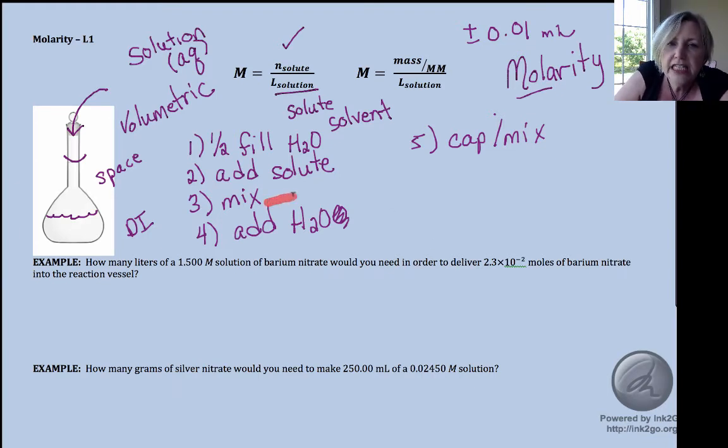So what you would need to do, right in between here, is you may need to cool it, or allow it to get to room temperature before you continued adding water to the bottom of the meniscus. But that gives you a general idea of how you would make these.